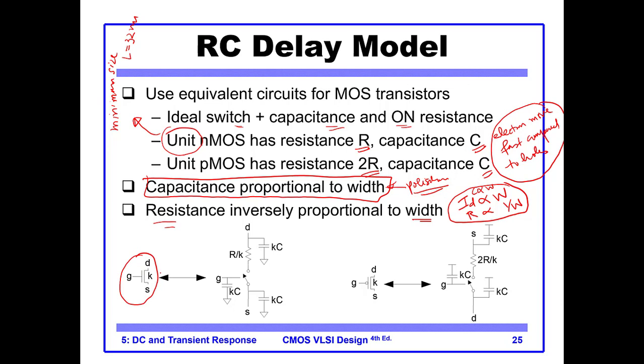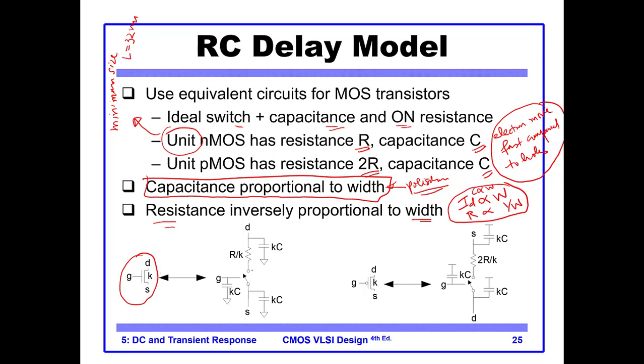So I told you that the minimum size is the smallest NMOS or smallest PMOS you can manufacture in our technology. So if K is 1, it means we are talking about the unit NMOS. If K is 2, we are talking about an NMOS that is twice as large as the unit NMOS.